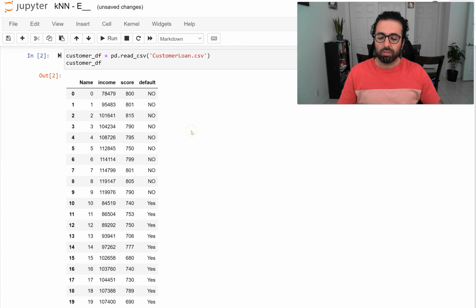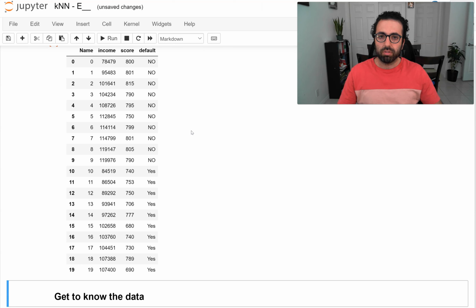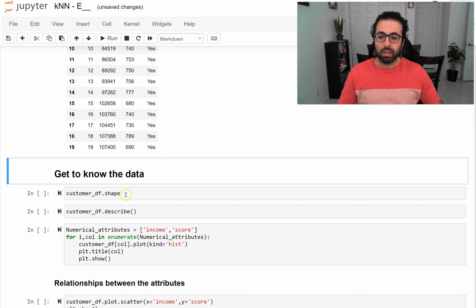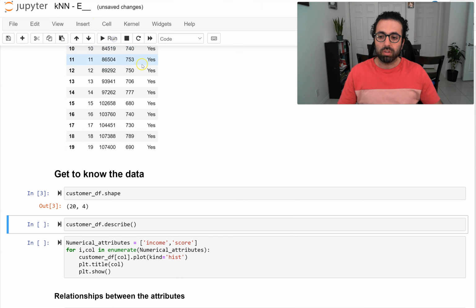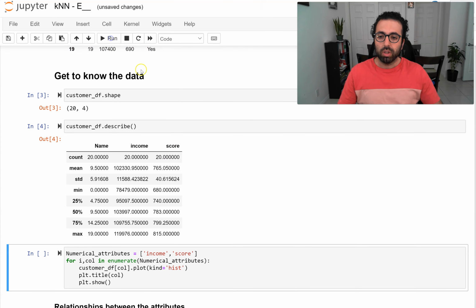And we can see the customer DF is a very small data set. It only has 4 columns and 20 rows. So it's not going to be very hard to get to know this data set, but let's go ahead and do that together.